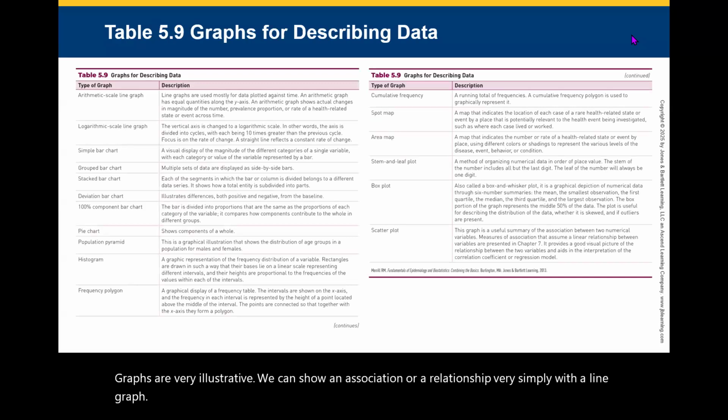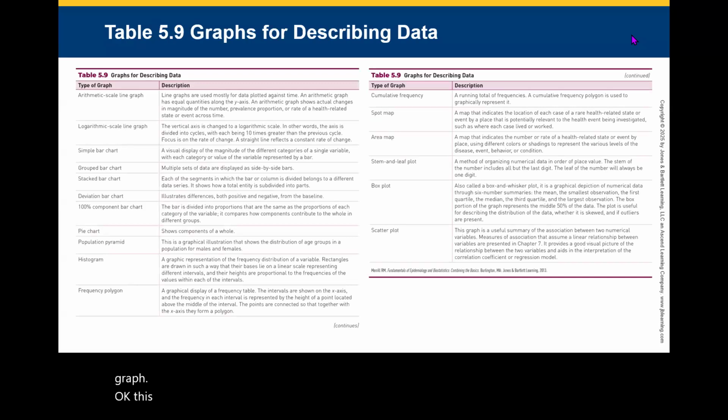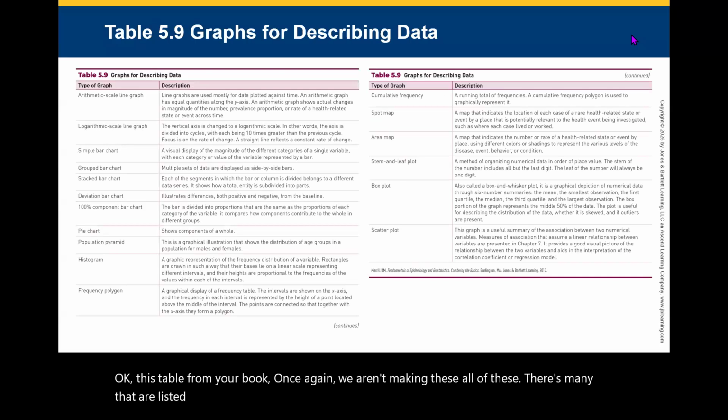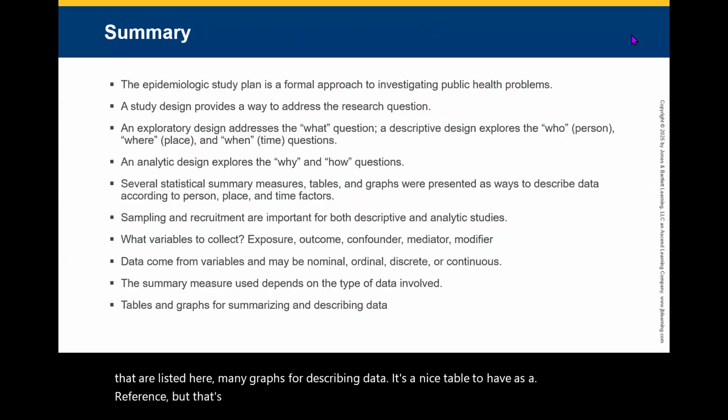Okay. This table from your book, once again, we aren't making all of these. There are many graphs listed here for describing data. It's a nice table to have as a reference, but that's about that. All right, and then of course, here's the summary.